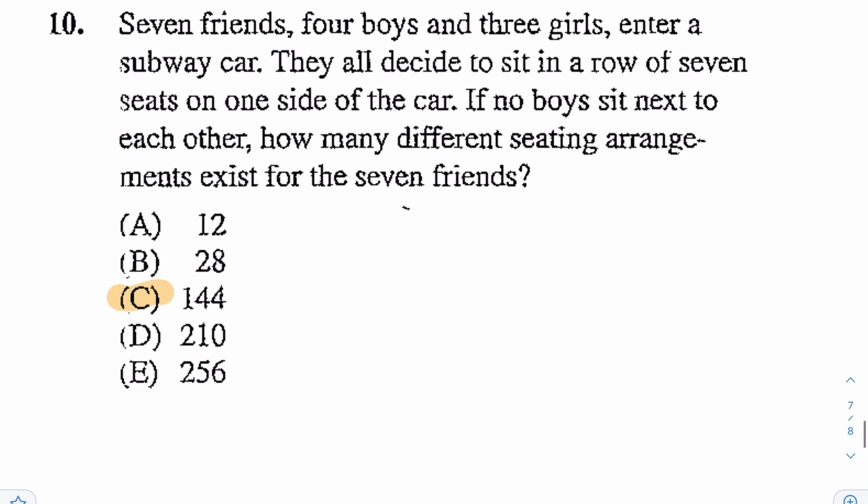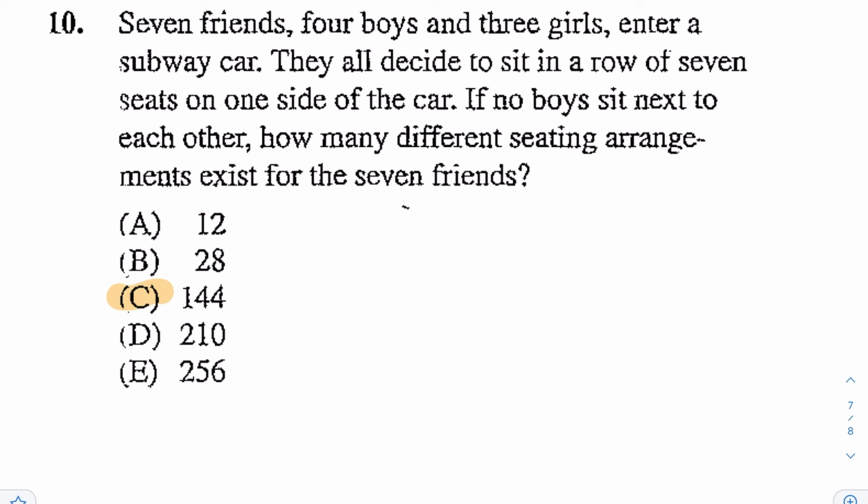All right, next for number 10, 7 friends, 4 boys and 3 girls enter a subway car. They all decide to sit in a row of 7 seats on one side of the car. If no boys sit next to each other, how many different seating arrangements exist for the 7 friends? So you have 7 lines, and you want to make sure the boys don't sit next to each other.